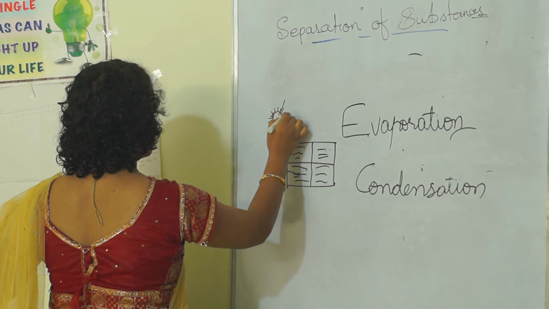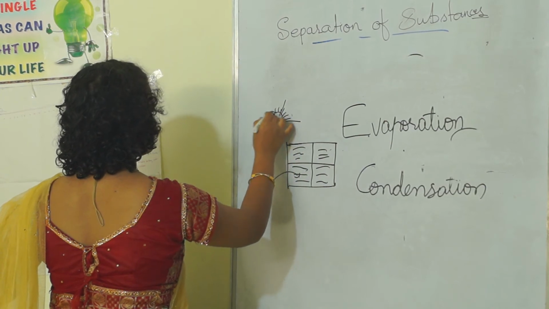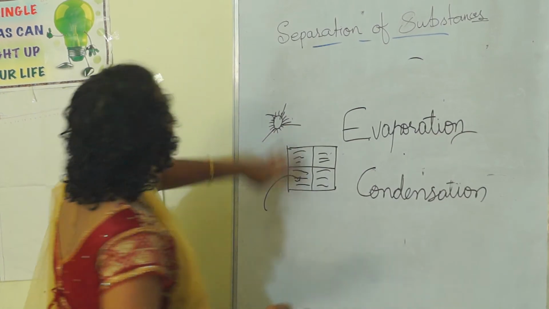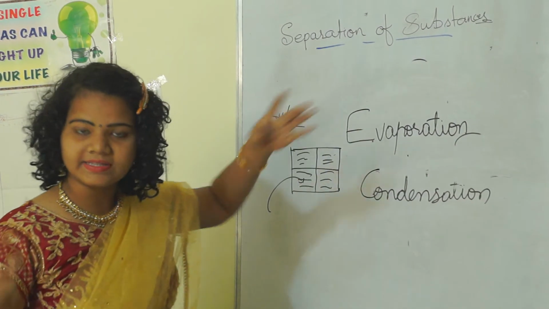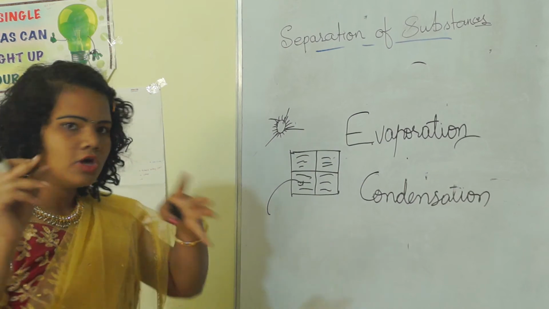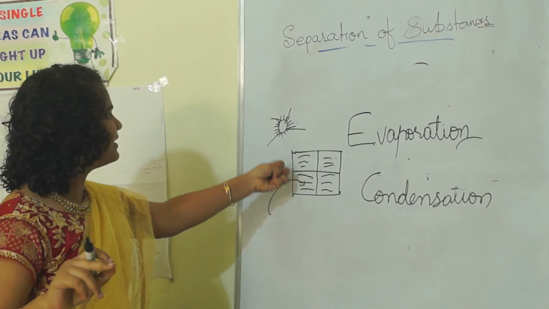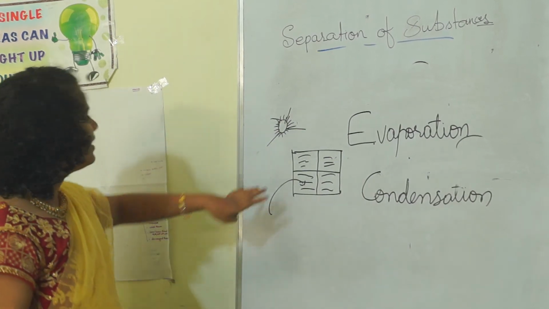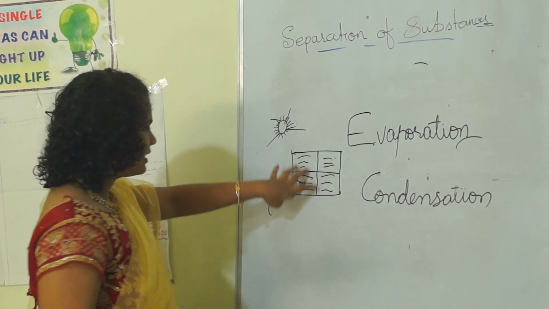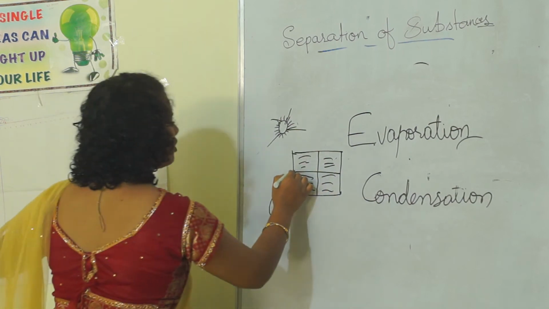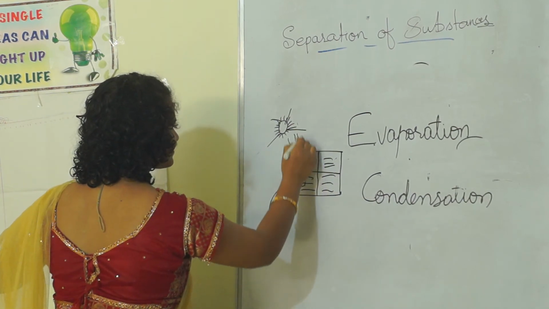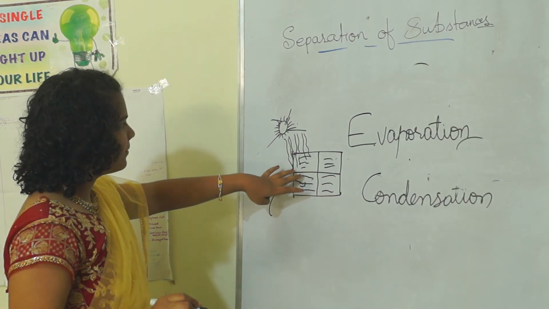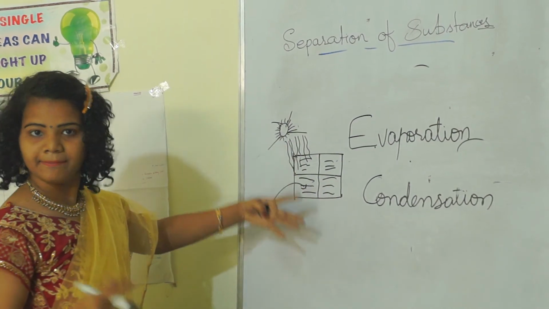Here we have the sun, and now you have the evaporation process. Heat energy is emitted by the sun, and all the water is evaporated by the heat.